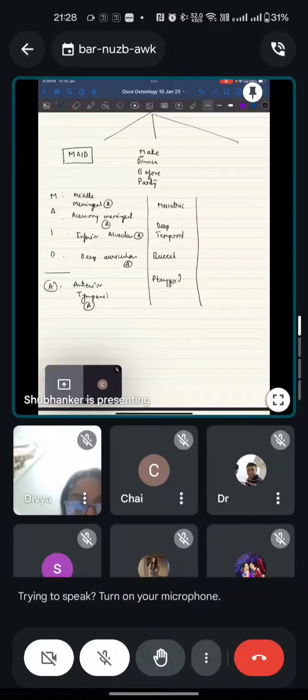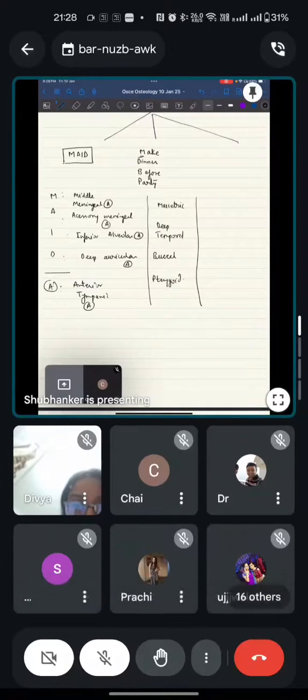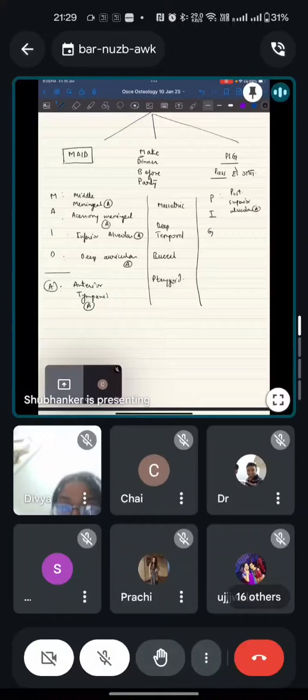Okay, and over here, just the last step of this. There is some pig who gave some exam and passed. Pass. So P I G. P stands for your posterior superior alveolar artery. I stands for your infraorbital artery.